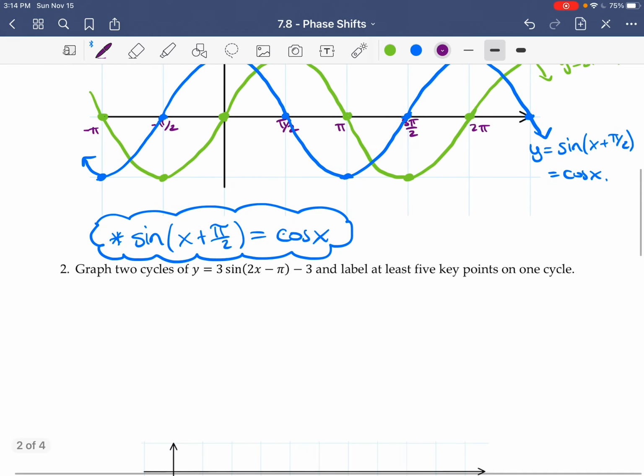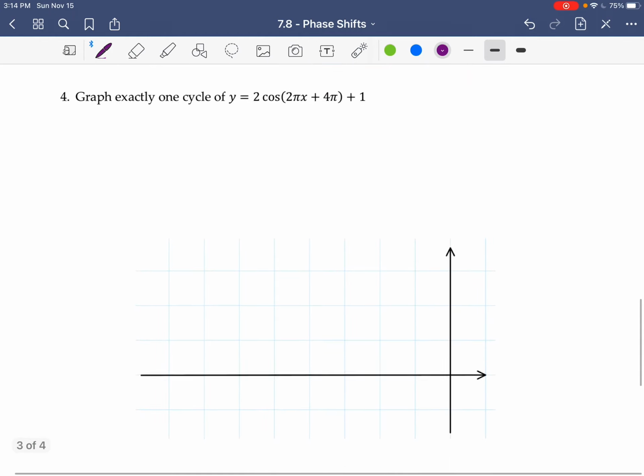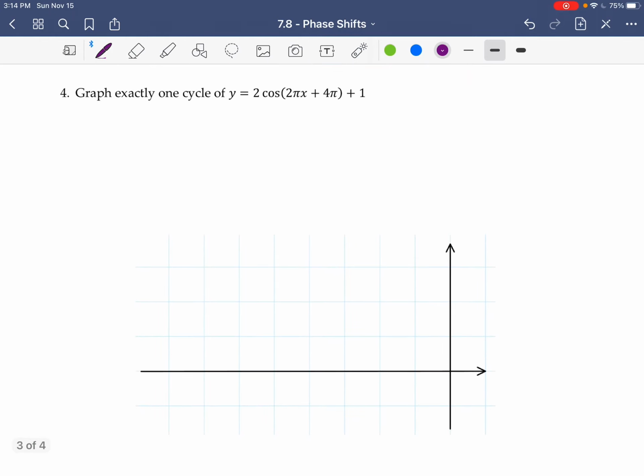Okay, I'm going to leave 2 and 3 for you. I'm just going to do number 4 here, so it has everything going on. Okay, so I want to rewrite this so it's in the right form. Now it says 1 cycle, but I'm going to actually graph more than that. So I want to rewrite this. So the 2 stays out there, but then this is my b value, the 2 pi.